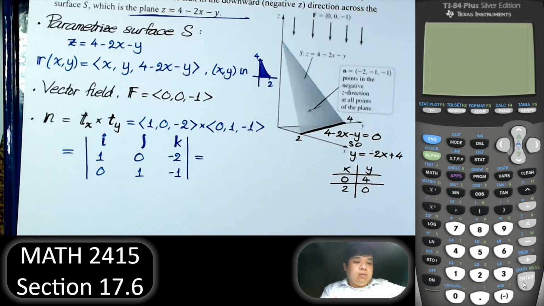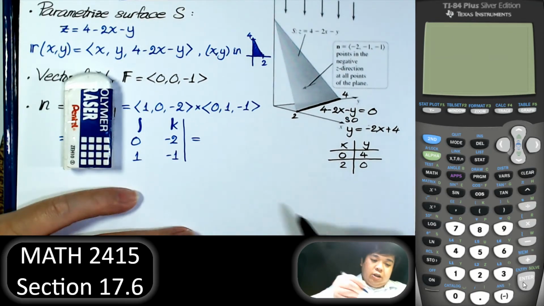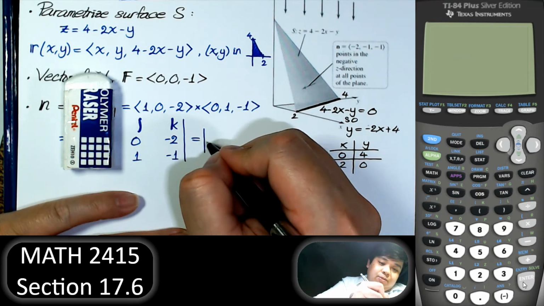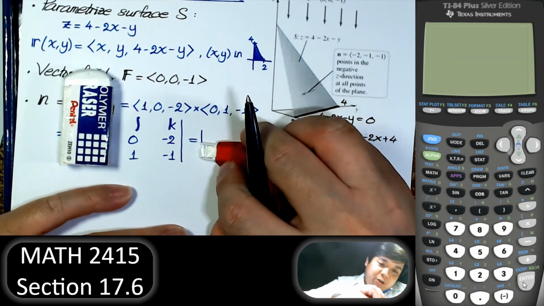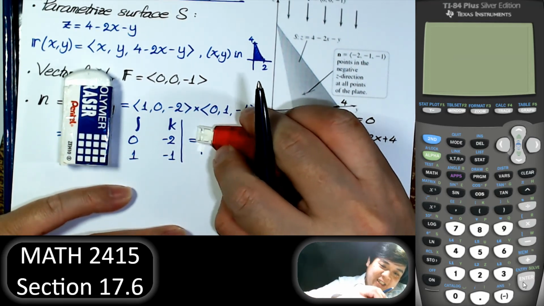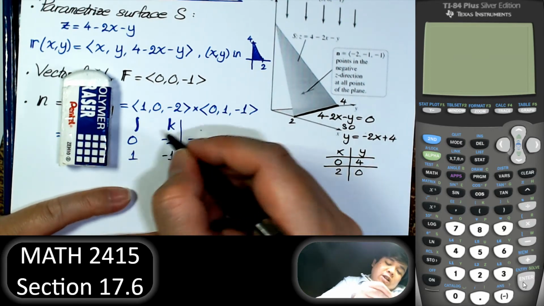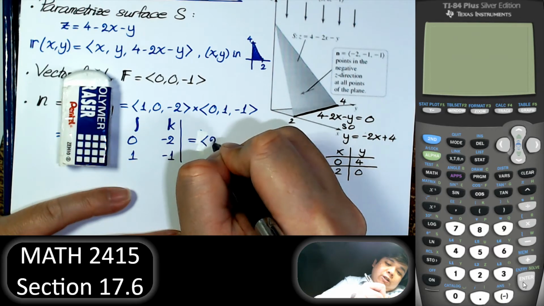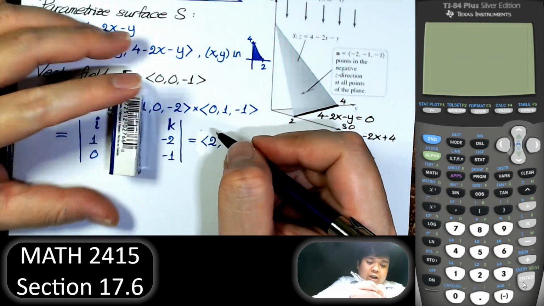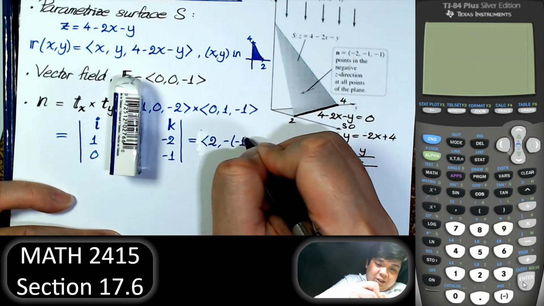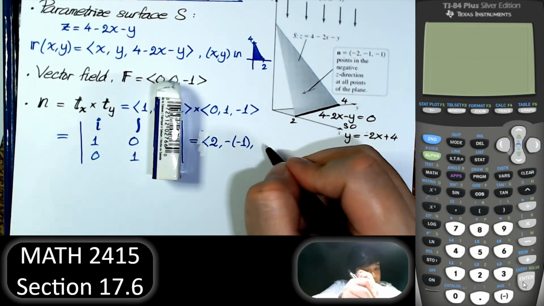Right. So in the i component, that's 0 minus, sorry, in the i component, that's 0 minus -2, so that will be 2. For j, -1 minus -1. And for k, that will be 0.